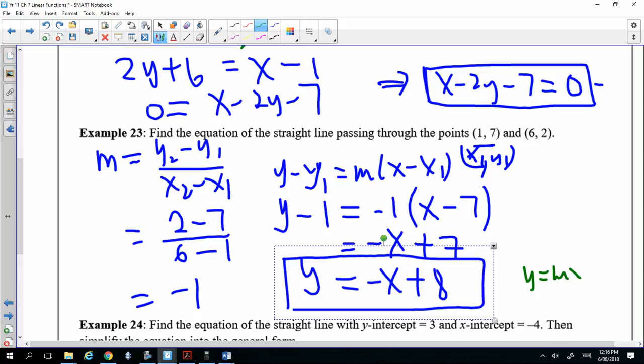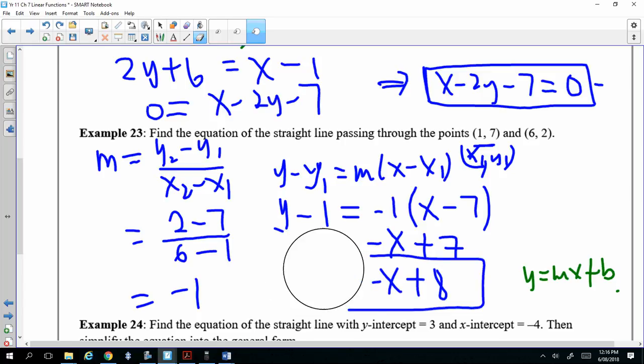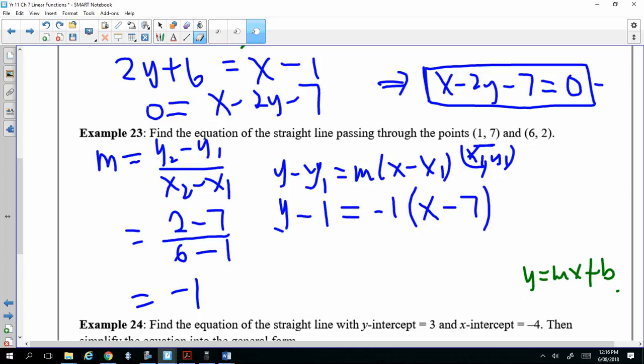Oops, no, I made a mistake. Made a big mistake. Sorry. It should be x minus x1, y minus 7. Now it works. That's why it looked weird. -x plus 1, and then move the 7 over.